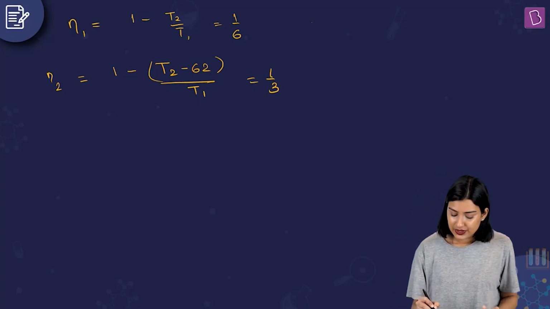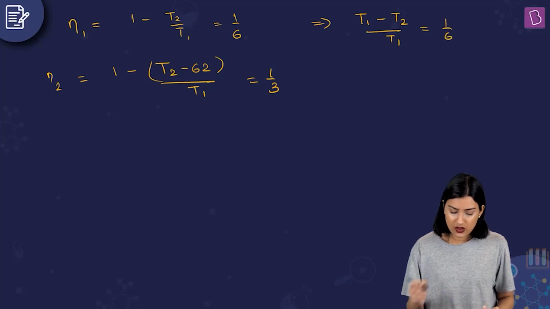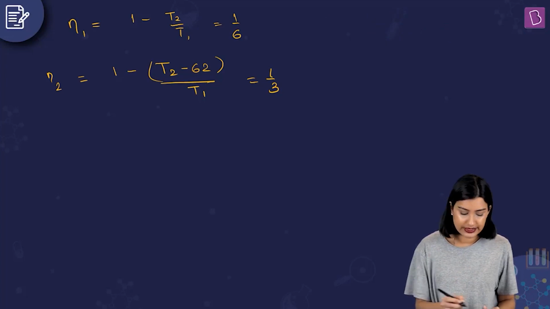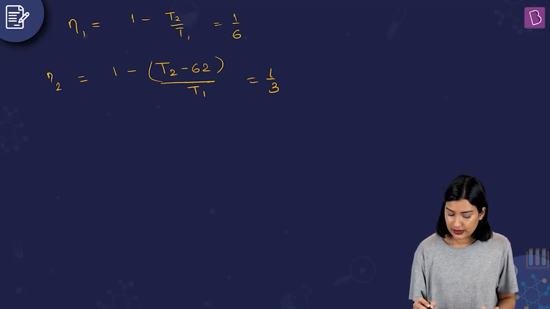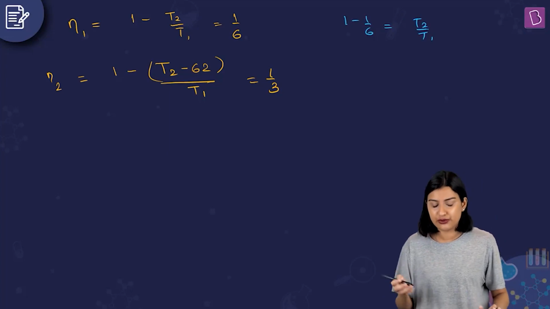So let's see. Let's write it as 1 minus 1 by 6 is equal to T2 by T1, which means 5 by 6 is equal to T2 by T1.